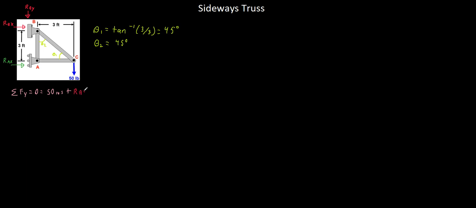Those are the only 2 forces on this truss going up or down. And you can see that clearly the 50 pounds is going downward. Therefore, Ruby must be going upward, because that's the only way they can add up to equal 0. Therefore, we can set Ruby equal to 50 pounds. So we say Ruby equals 50 pounds, and we already solved for our first reactionary force.